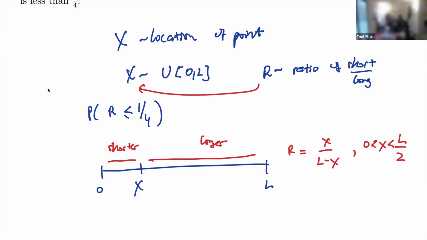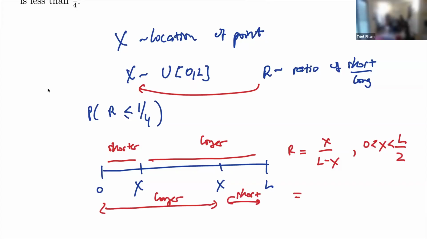But what if it's over here? Then where's the longer and where's the shorter segment? This is longer, and this is shorter.